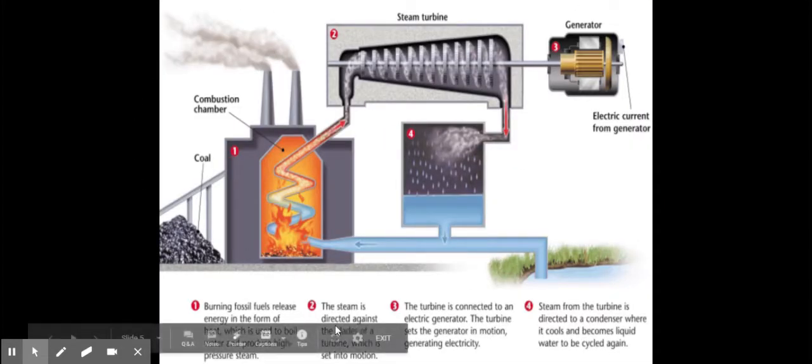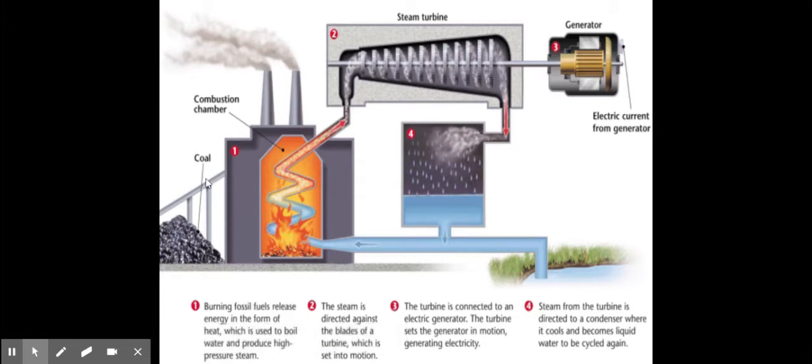Here's another picture. Number 1 says burning fossil fuels releases energy in the form of heat, which is used to boil water and produce high pressure steam. The steam is directed against the blades of a turbine, which is set into motion. The turbine is connected to an electrical generator. The turbine sets the generator in motion, generating electricity.